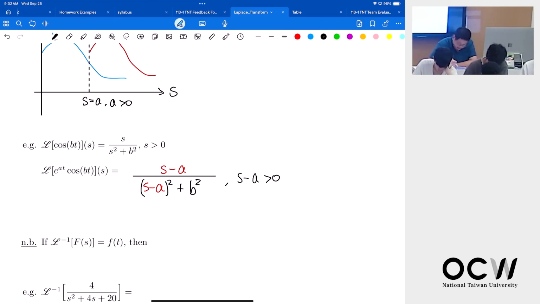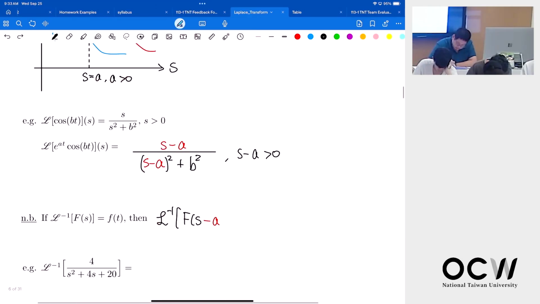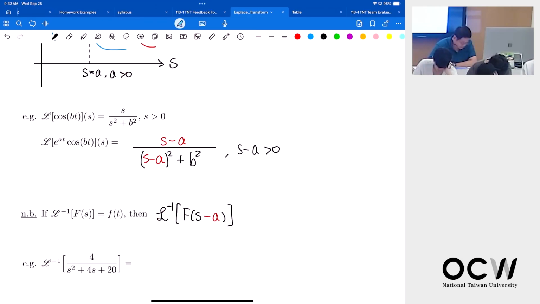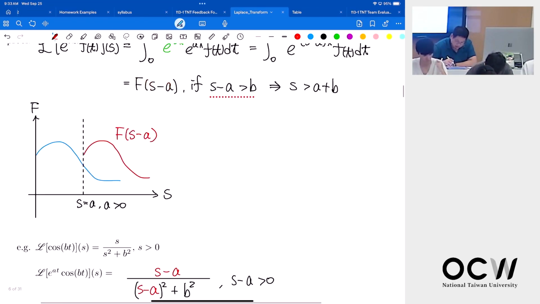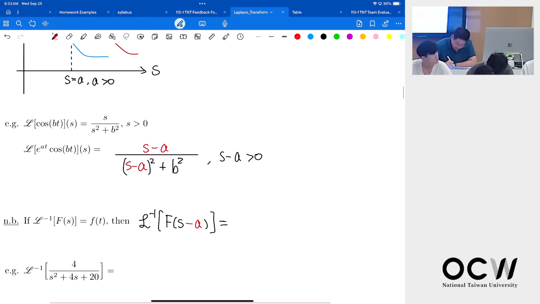Going back to the time domain, we get e to the at times f(t), the function f.